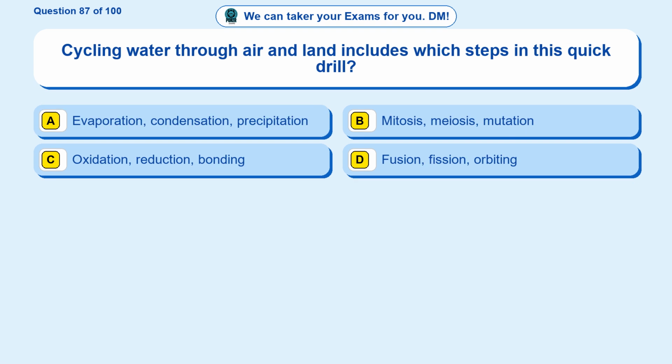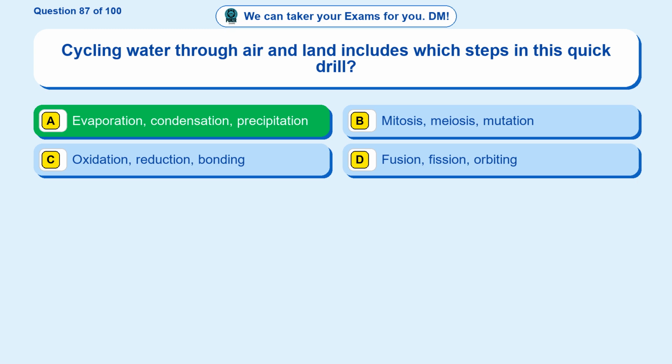Question 87. Cycling water through air and land includes which steps in this quick drill? Option A, evaporation, condensation, precipitation. Option B, mitosis, meiosis, mutation. Option C, oxidation, reduction, bonding. Option D, fusion, fission, orbiting.